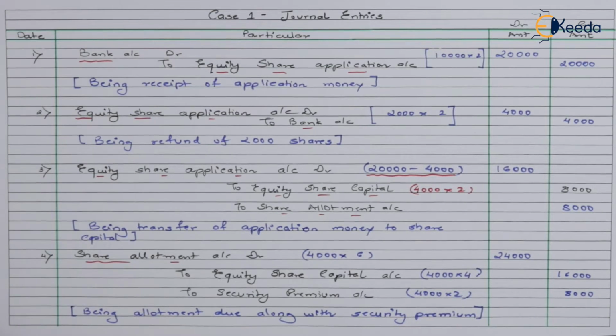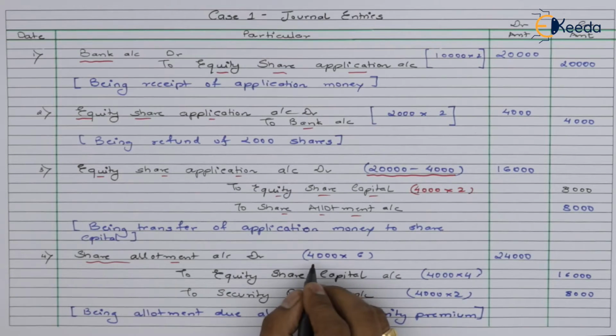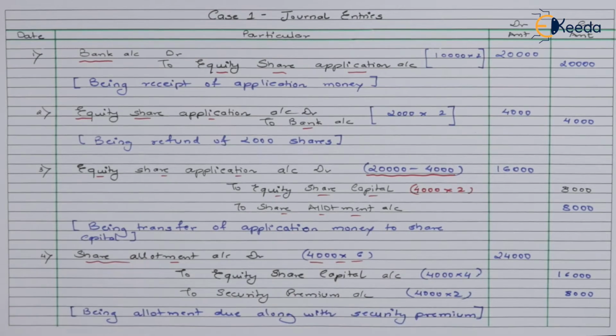So on the debit side it will have 4,000 multiplied by 6, that is 24,000. On the credit side, it will have equity share capital, that is 4,000 multiplied by 4, 16,000 here, and security premium will be 4,000 multiplied by 2, that is 8,000.